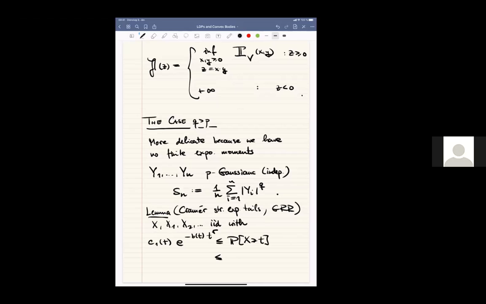This is bounded above by some c2 of t, e to the minus b of t, t to the r, and t should be large enough, larger than some t naught, and c1, c2, and b are nice functions. They should not, I mean, they're slowly varying functions at infinity, but let's say nice functions. That's enough for now.